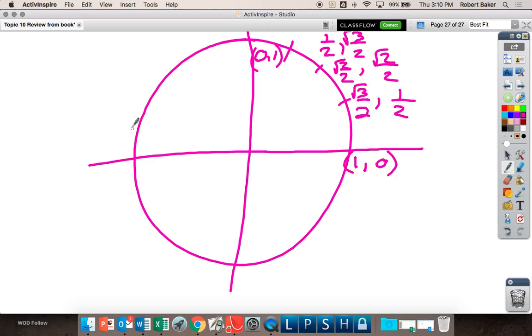Then on this side, it's the same thing. All the y values will not change. They're reflections across the y-axis. The y values will not change. The x values are the same exact value, just negative.